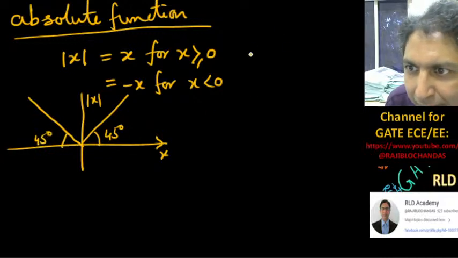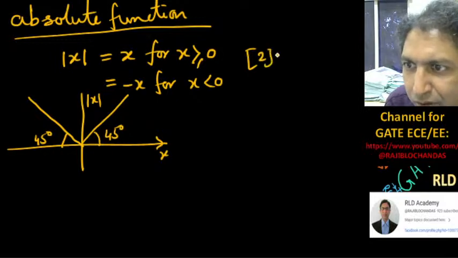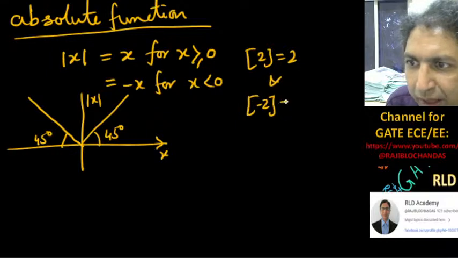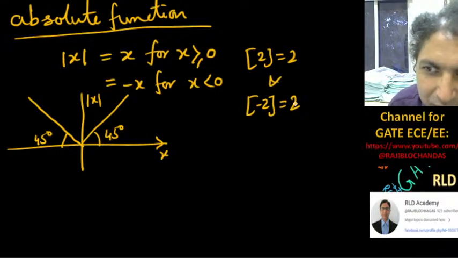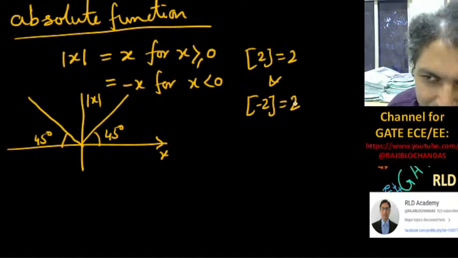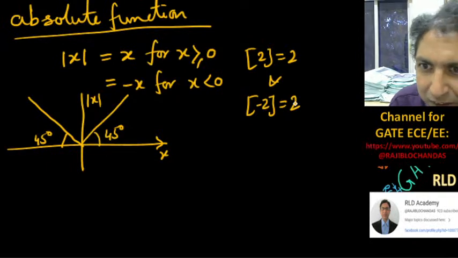It's implied that if I consider, for example, mod of 2 equals 2, and mod of minus 2 again remains 2. So it does not depend on the sign, positive or negative, its value will only be positive. Okay, so this is your mod x.